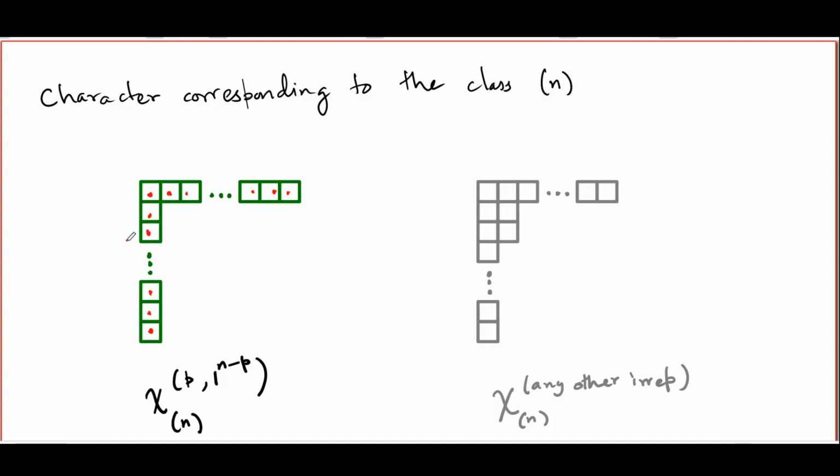And the answer to that is exactly how many rows are straddled. Notice that the number of rows straddled is simply the number of elements in this column. And that of course is n minus p for the lower boxes plus 1 for the top one. So the sign will be minus 1 if n minus p plus 1 is even, or n minus p is odd, and plus 1 if n minus p plus 1 happens to be odd.